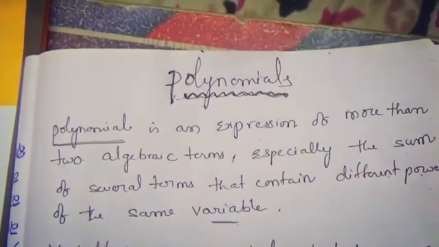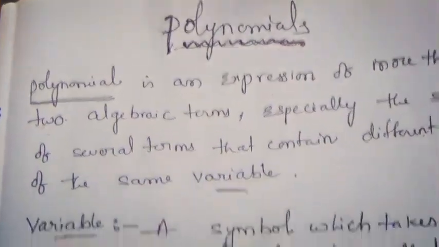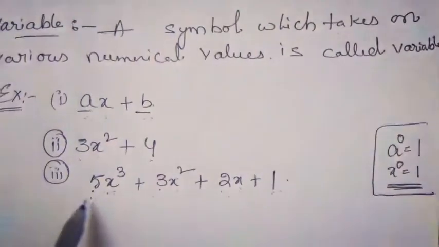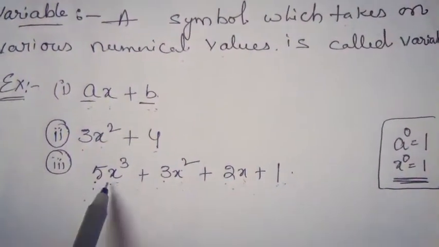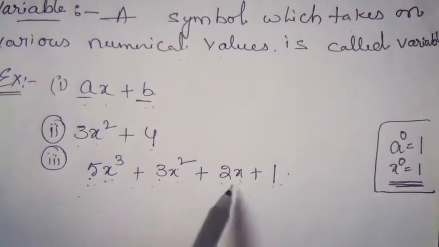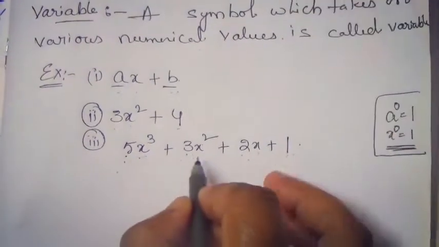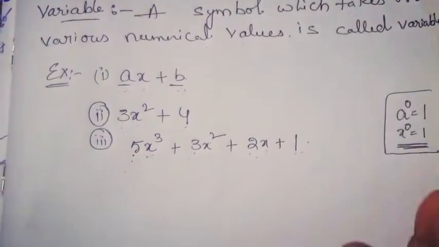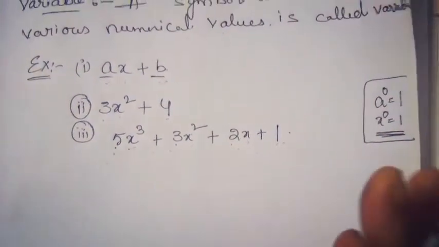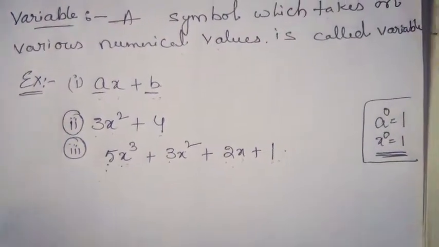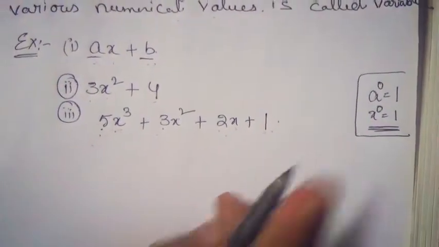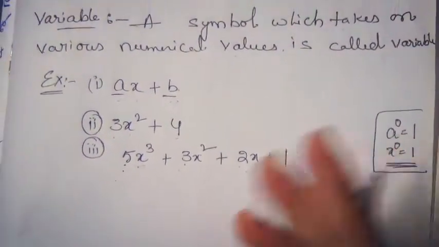Using the symbols which take on various numerical values, whether x, y, z, as you like, you use any variable but only one variable. The same variable you have to use, and the different powers you can use.